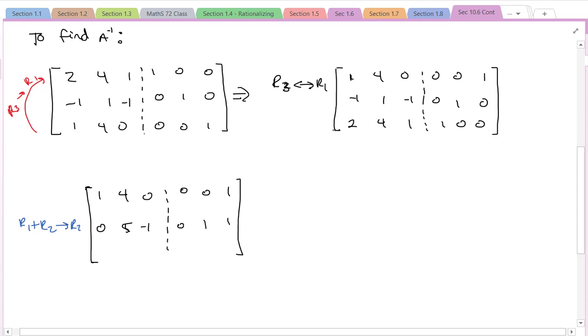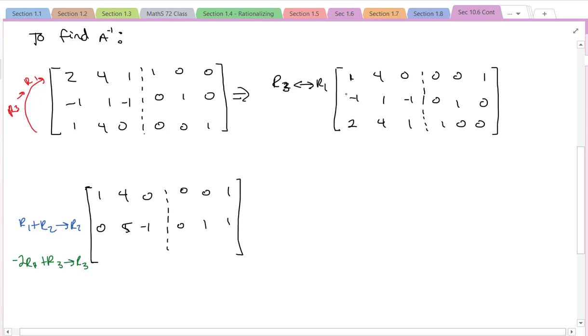And on the bottom for the new row 3, I need to get rid of that 2. That's a positive 2, so I'm going to multiply row 1 by a negative 2, the whole row by a negative 2, and add it to the whole row 3. So it'll be minus 2 r1 plus r3 gives us the new row 3.